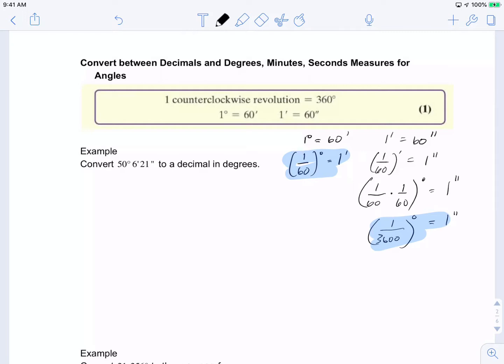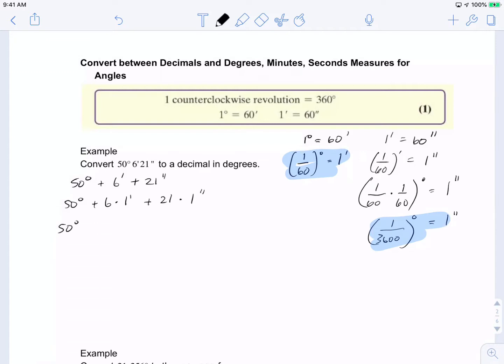So in doing this conversion problem, 50 degrees is not going to change, but we're going to write it in terms of sums. So we're going to go 6 minutes plus 21 seconds. And then I'm going to break that up further to go 50 degrees plus 6 times 1 minute plus 21 times 1 second.